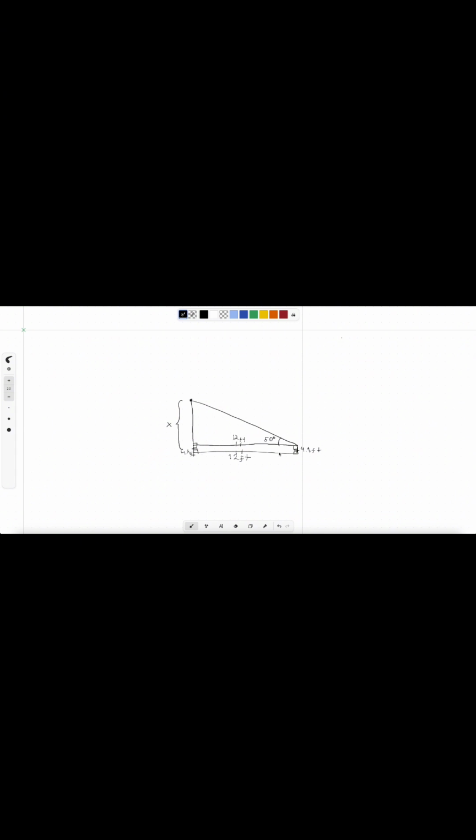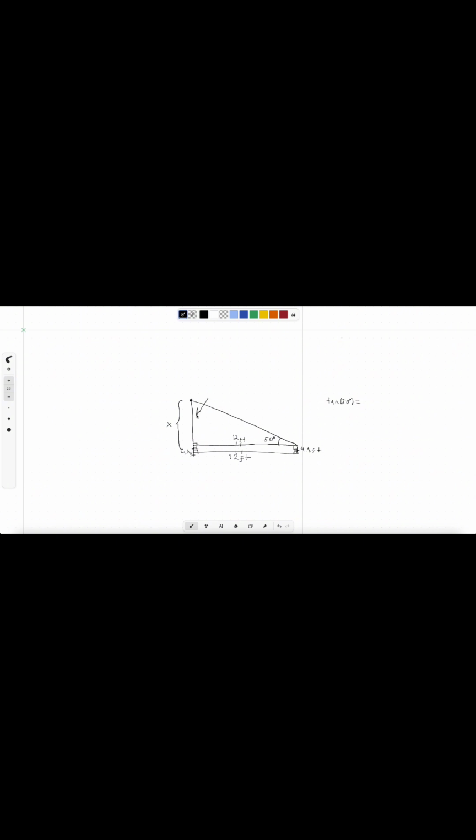This side, which is also the base of this triangle, is... because this is a right triangle, we can say that the tangent of an angle of the triangle is equal to the side length opposite the angle over the side length adjacent to the angle. And we'll be using the 50-degree angle of elevation.